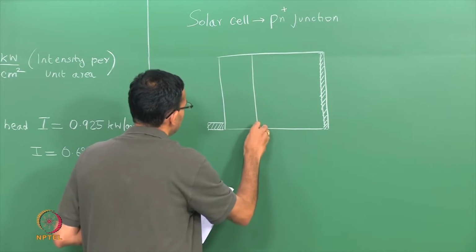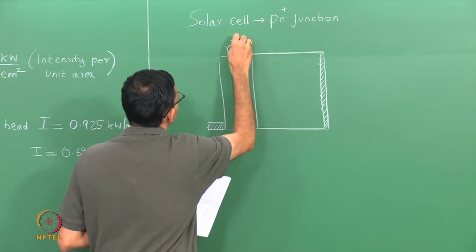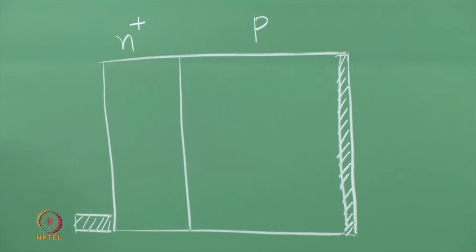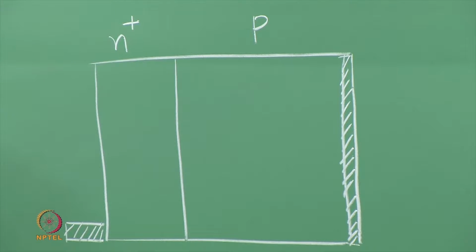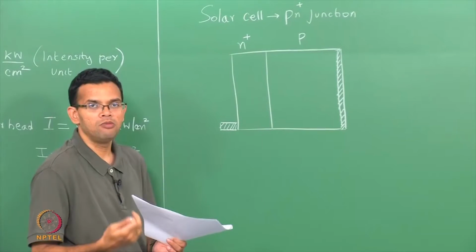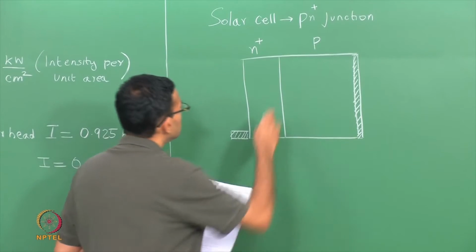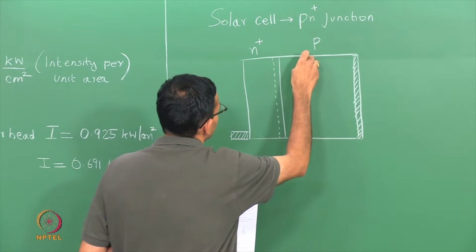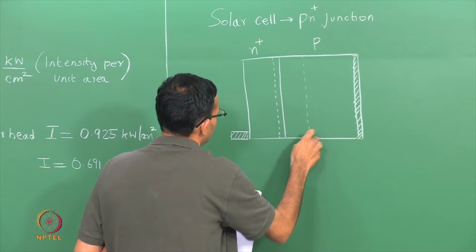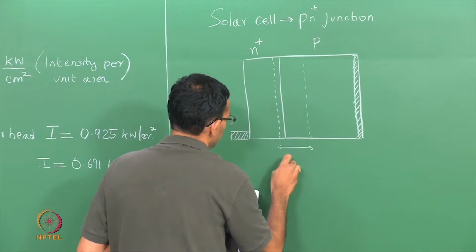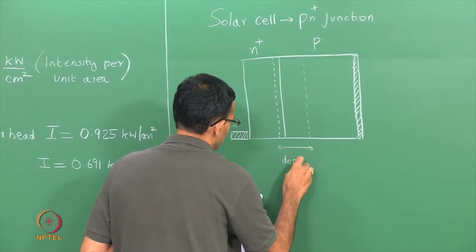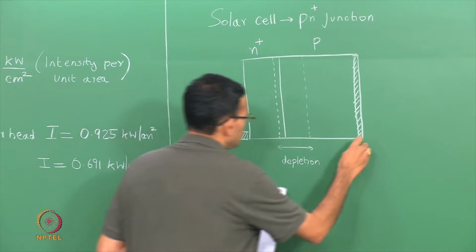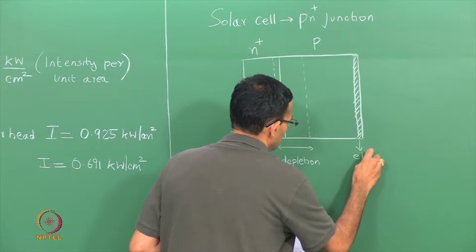So this is the interface between the n plus and the p region. The n plus region is heavily doped. In this case, the depletion region will lie almost entirely on the p side. So I have a very thin depletion region on the n side, and it is a lot thicker on the p side. So these are electrodes.